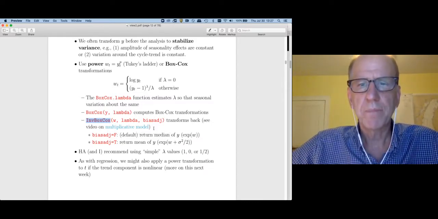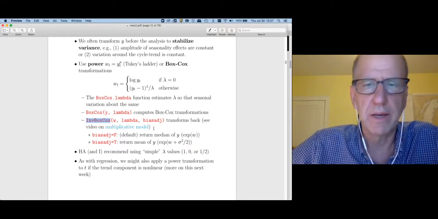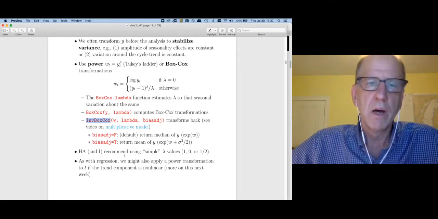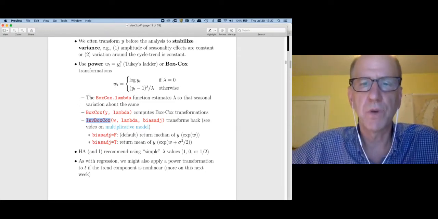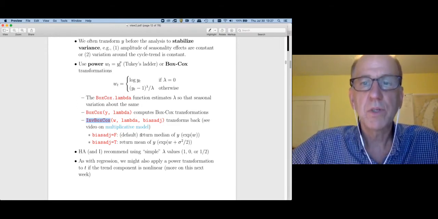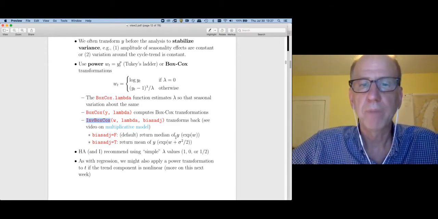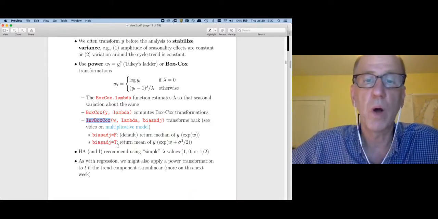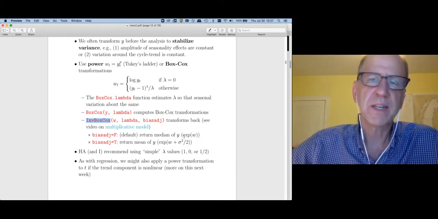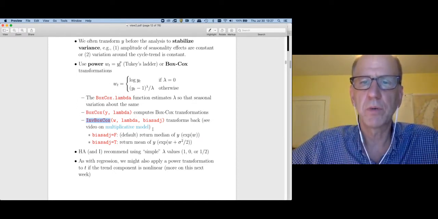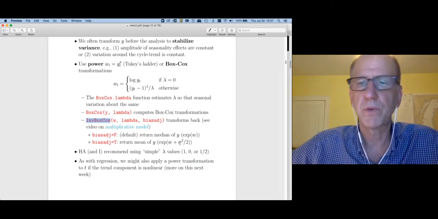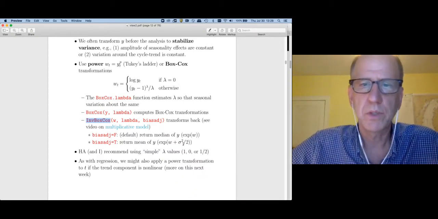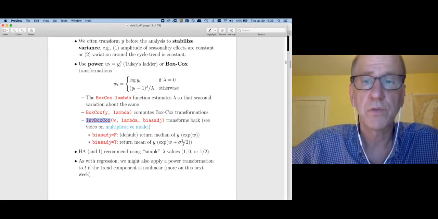Let me give you the headline, and then I'll try to give you a little bit of intuition behind why this is. If you say bias adjustment equals false, then it's going to return the median of y. But if you say bias adjustment equals true, you're going to get the mean of untransformed y. The difference is we're going to take the exponent of the transformed w versus the exponent of the transformed w plus a bias correction term, sigma squared over 2. This is if I'm using the log transform right now.